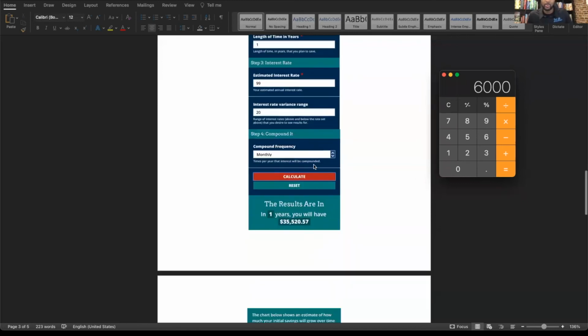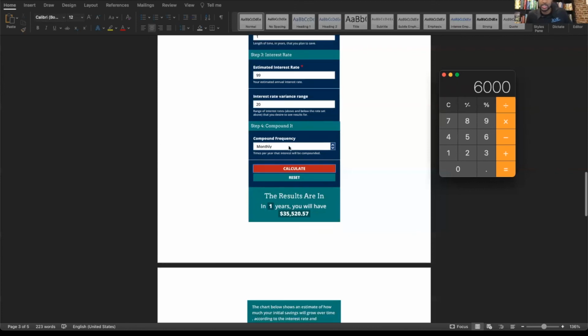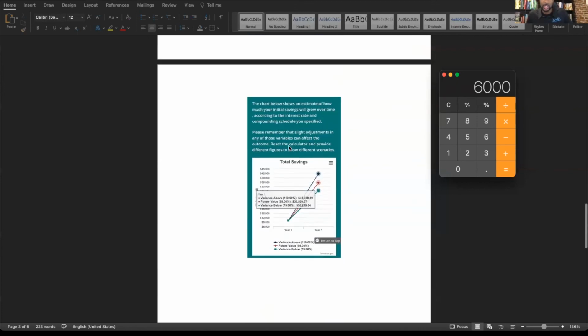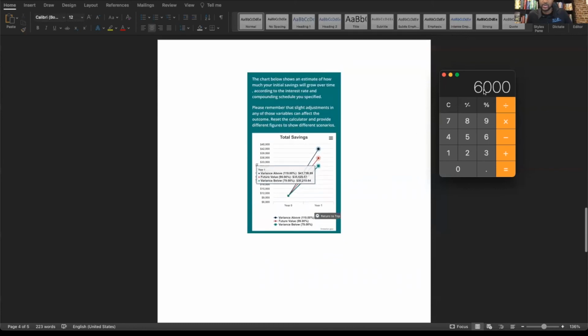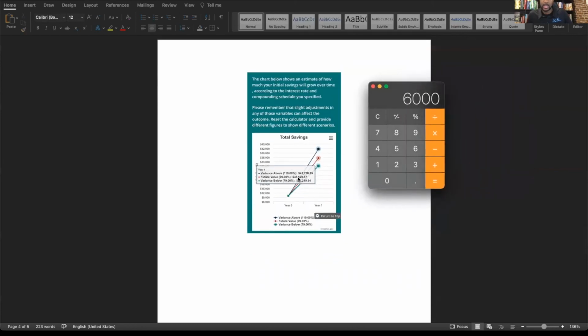All right, so we're compounding that monthly. So every single month we're compounding the initial interest on that, and then at the end of the year, you put yourself in position to where you could potentially come out of this with about 40,000, 30,000 on the low end, $30,000. So if we start out with $10,000 and then we add an extra $6,000, right?